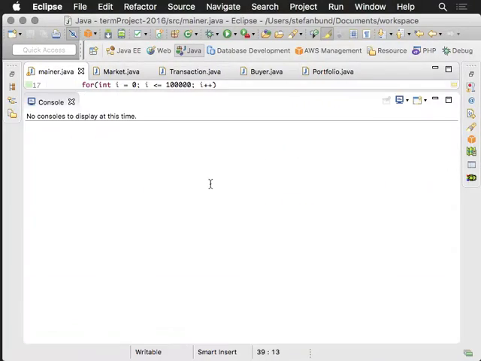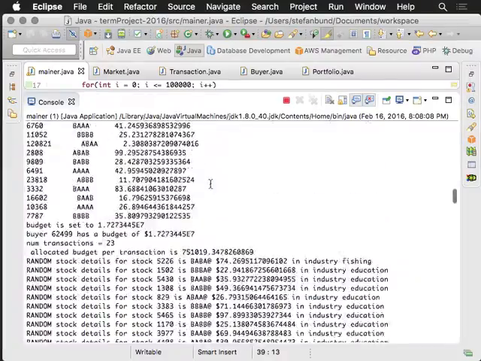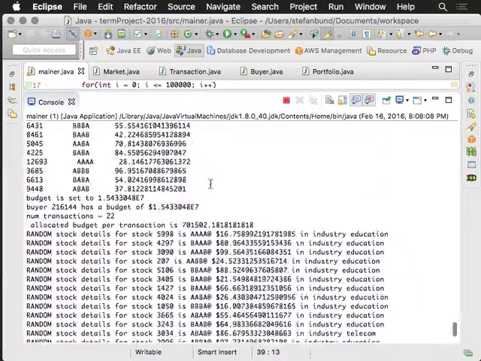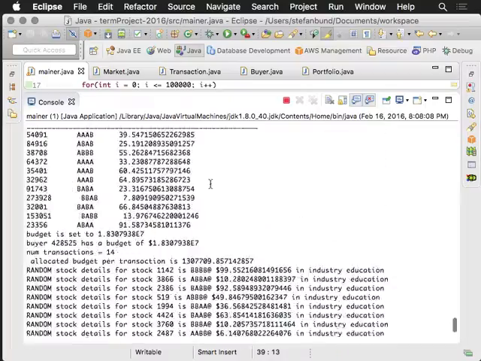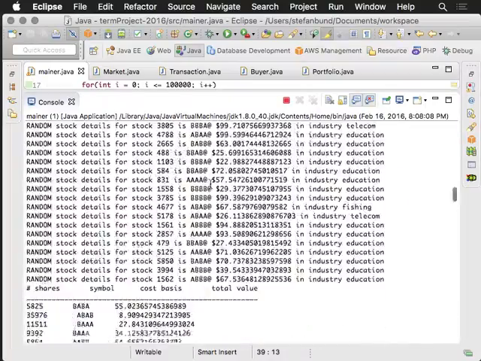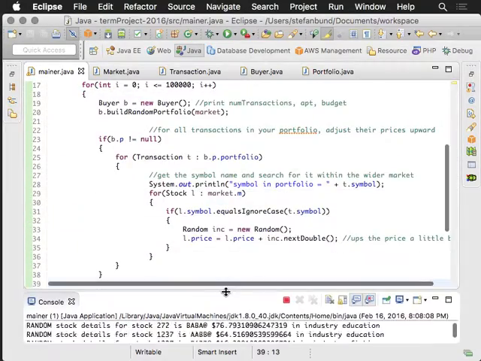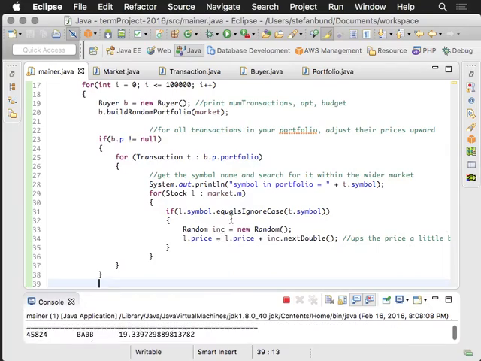And let's give that a run. Yeah, so that's surviving a little bit better. And what that's doing is it's actually searching inside of the market, and it's increasing the stock value for everything that just got bought. And we'll let that run a little bit because the printing and the system out slows it down a little bit.